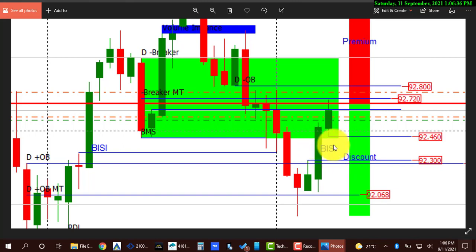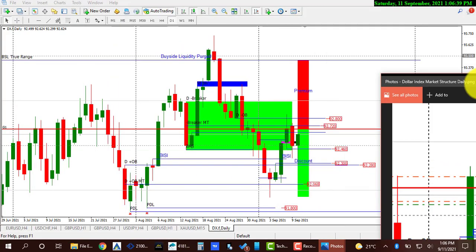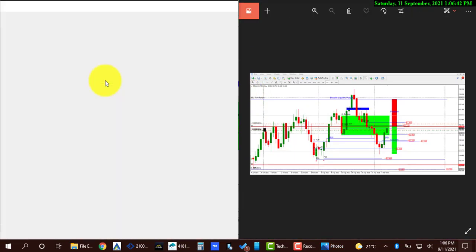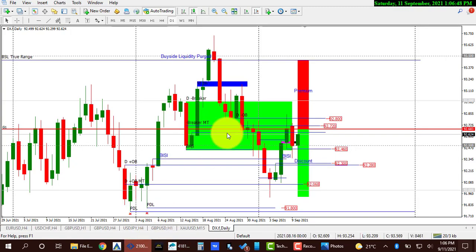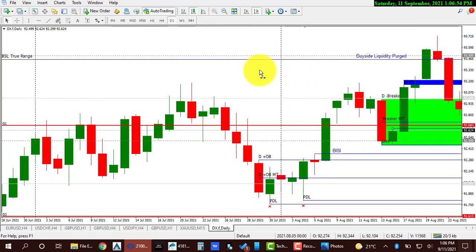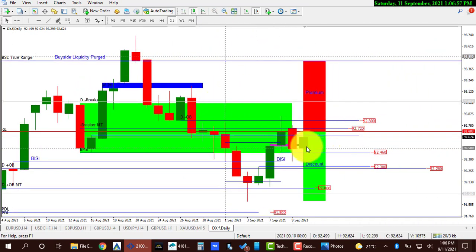On Friday we had positive news for the dollar index, and we bounced off after filling that imbalance down here, which is also typical for Friday market reactions.